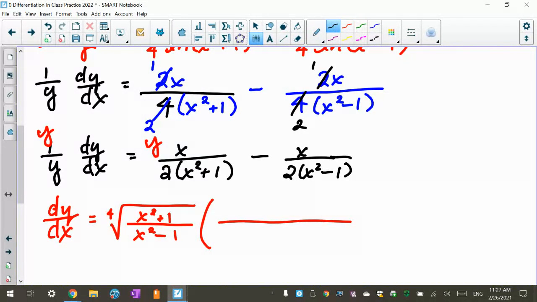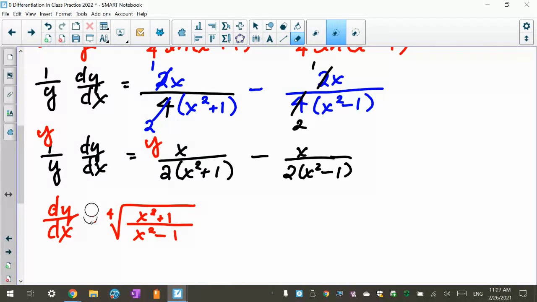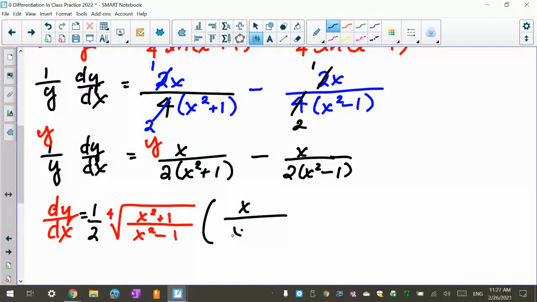But what they, well, I'll just do it here because I don't want to confuse you. In the book, they factored out a 1/2 because both of these are divided by 2. So what I'm going to do here is erase this, and I'm going to factor out the 1/2 and throw it right in the front, because they looked at this and said, oh, I can say this is equal to 1/2. This is my y from above. And then here I have x over x squared plus 1 minus x over x squared minus 1.